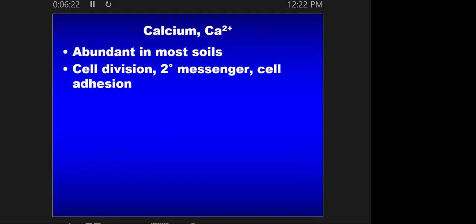We're going to learn down the road a little bit here that calcium is very, very important in providing information to cells. As the plant is assessing its environment, it also needs to shift its gene expression to respond to its environment.